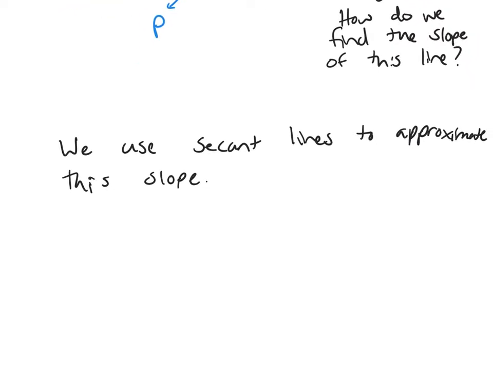So I'm going to go into a little bit more detail. Let's look at a different function here, just so it's easier to picture. Let's say my function looks like this. And here's my point P. And I have some kind of x value associated to this point. I'm going to call the x value c.